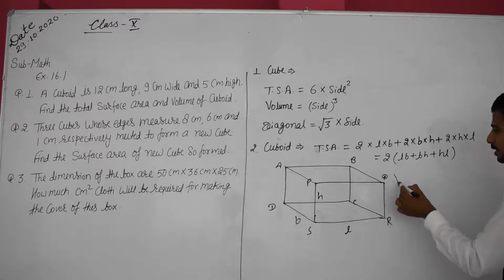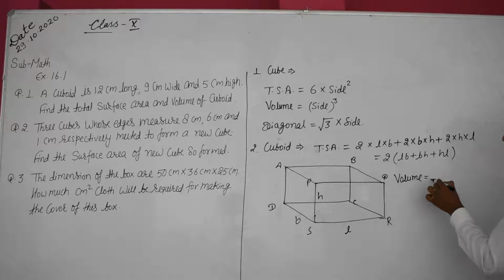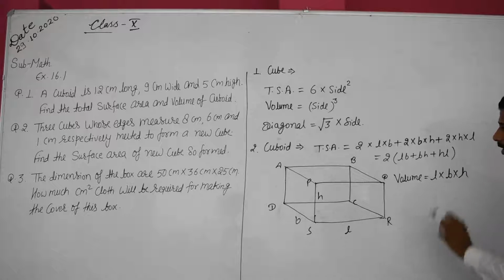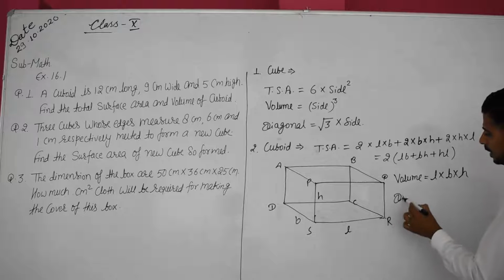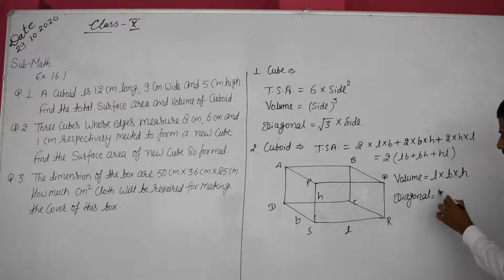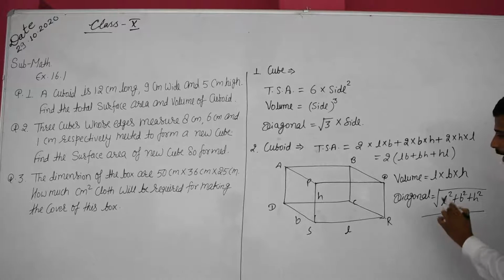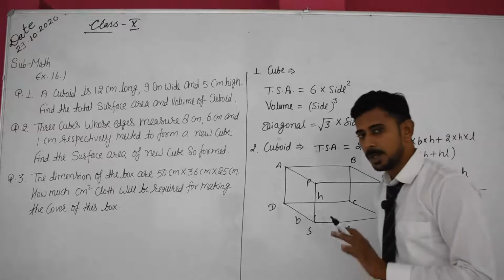Now next is the volume of cuboid. Volume is equal to length into breadth into height. Okay, and diagonal is equal to under root L square plus B square plus H square.